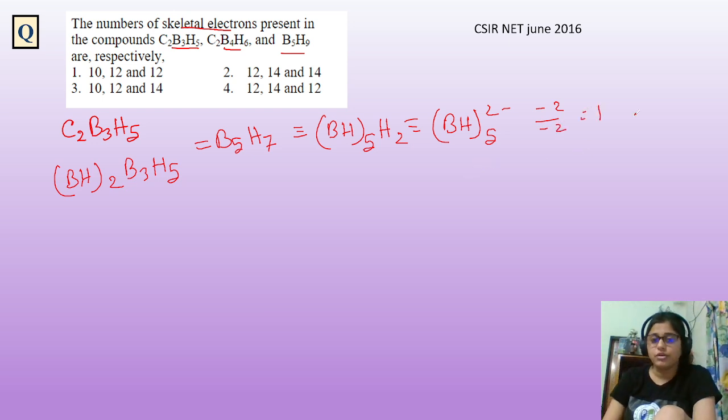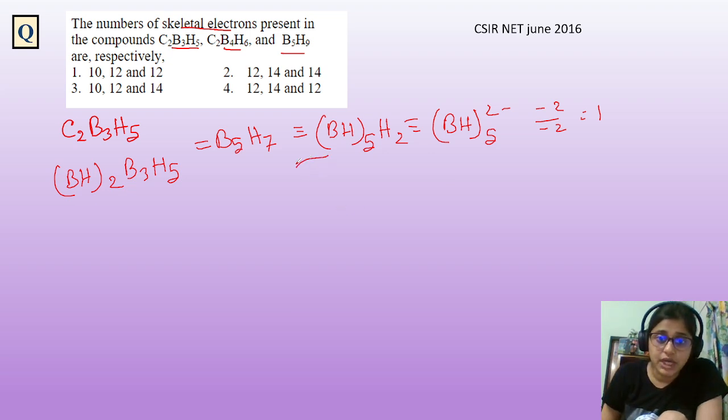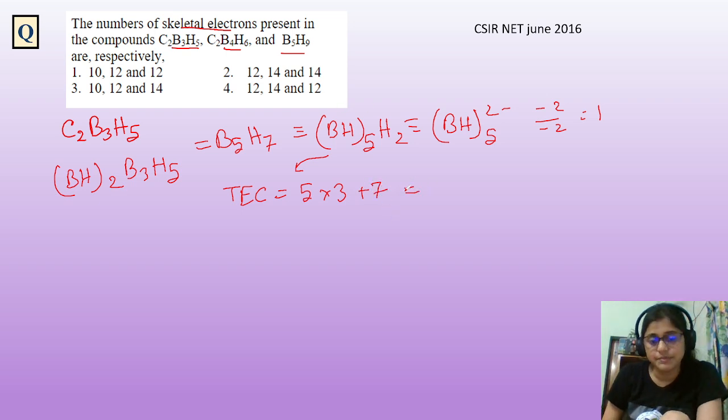We don't want to know the closure now. We need to do the total electron count, right? Total electron count will be boron 3, hydrogen is 7, and no negative or positive charge. This will be 22.